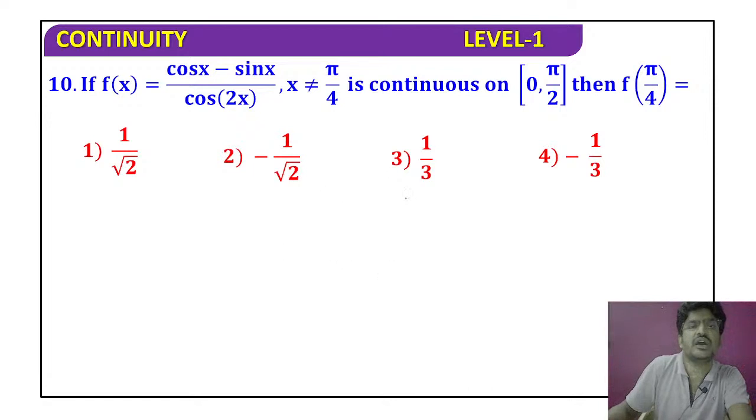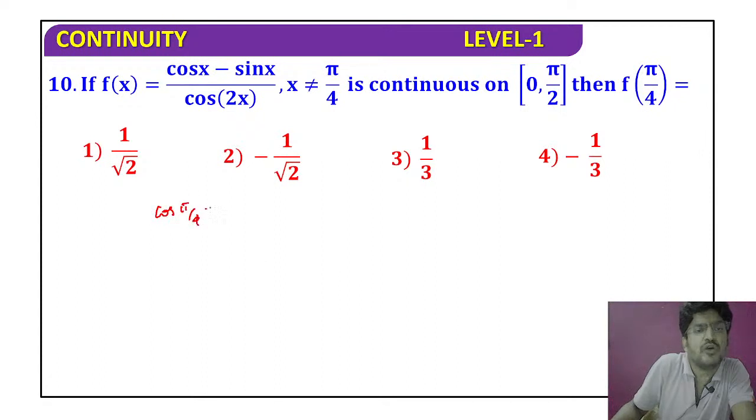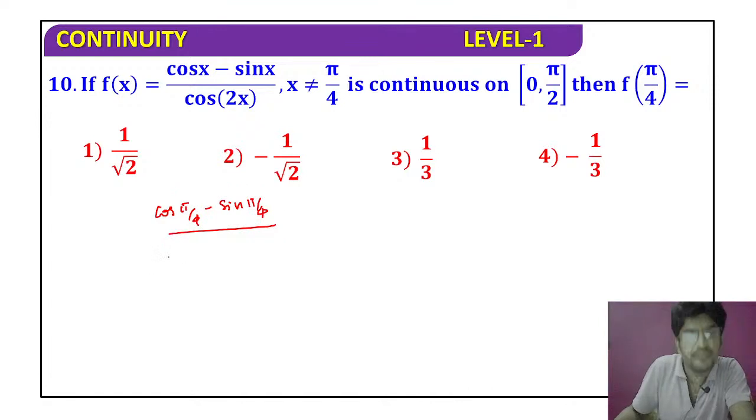Okay, you just see here what happens for this particular function. Cos pi by 4 minus sin pi by 4 divided by cos of 2 times pi by 4.